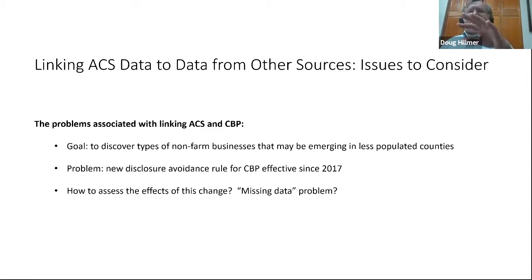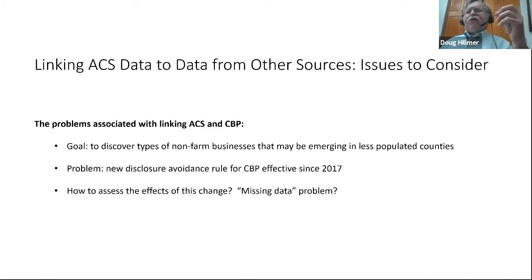One of them is County Business Patterns versus the ACS. My goal with using the County Business Patterns data is I want to look for non-farm businesses that may be new, maybe emerging in less populated counties. Now, the obvious problem I encounter is disclosure avoidance, and it has to be there, of course.